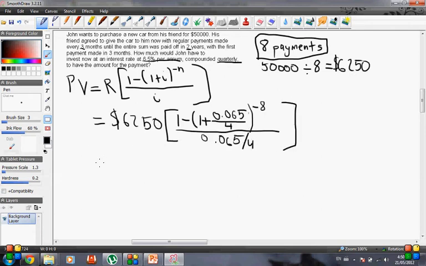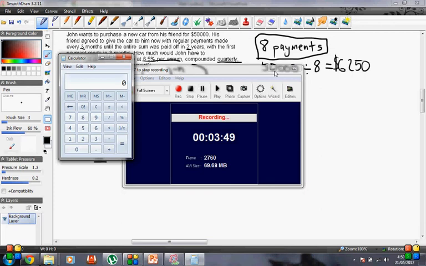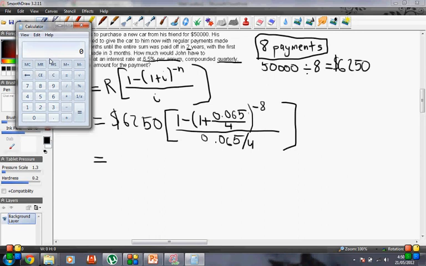So if we simplify that, bring out our calculator, we have 0.065 divided by 4 equals that much, plus 1 to the power of... I don't exactly see that button.